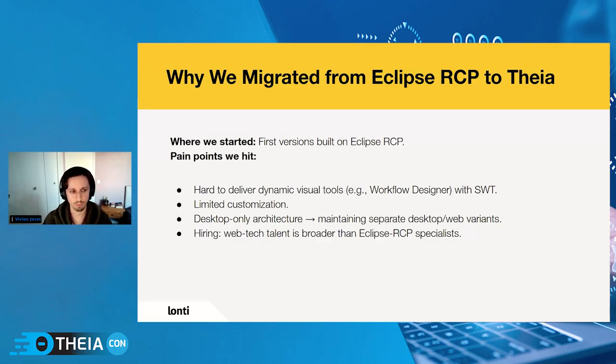The pain points were that it was hard to deliver dynamic visual tools like our workflow designer with SWT, at least for us. We felt limited in the customization. We were not always able to customize everything we wanted on the platform, not just the appearance, but also the behavior. We had a lot of hacky workarounds. And also the desktop-only architecture was a problem.